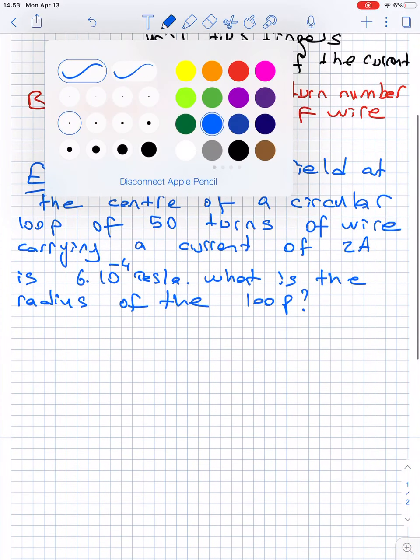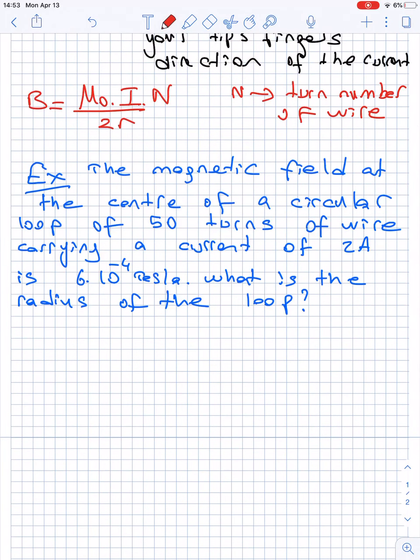Okay, when we check this example, what information do we know? Circular loop of 50 turns, so n is 50. Current is equal to 2 ampere.